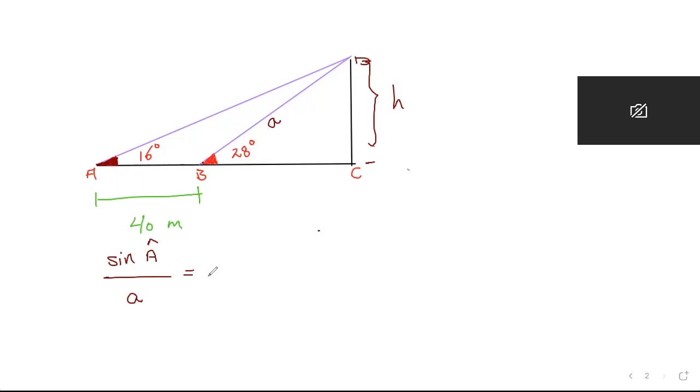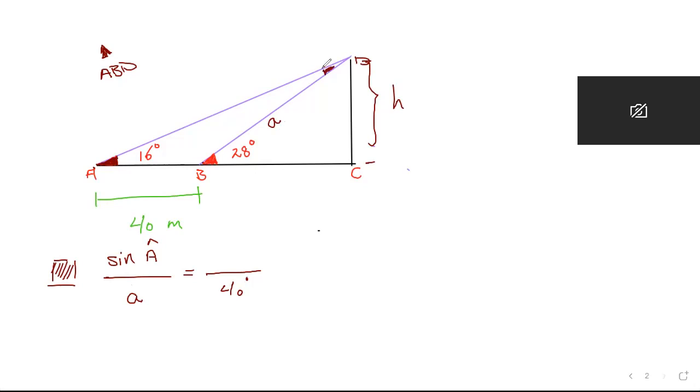What is our strategy? Look at this triangle, A, B, and D. I know this length, 40, which I can put here, because all that we have at the denominator is our length. Now what is going to be this angle?